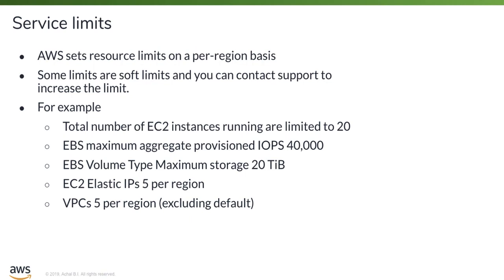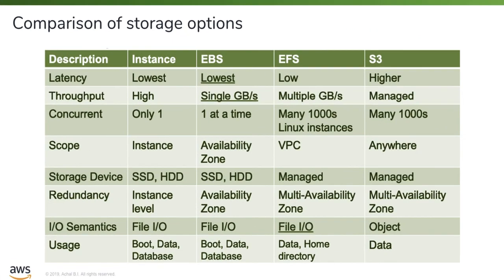So let's have a quick comparison between storage options. The latency is lowest in instance store and highest in S3. EBS also provides low latency. When it comes to EFS, it is somewhat higher than EBS.